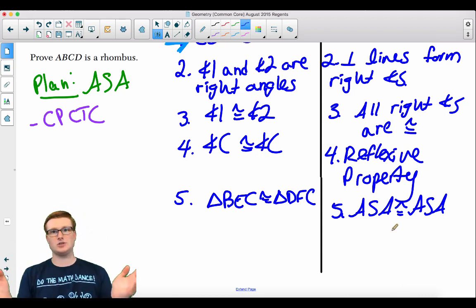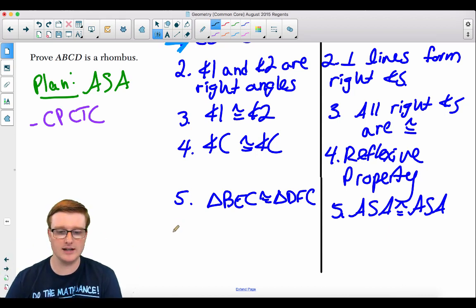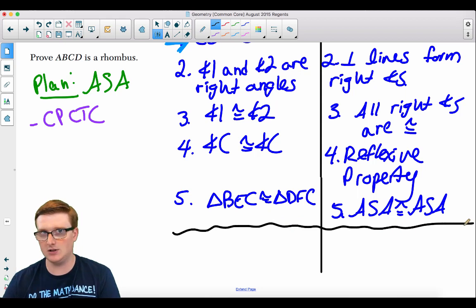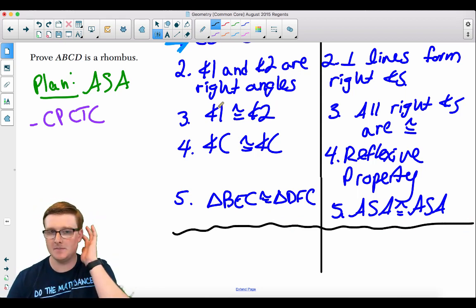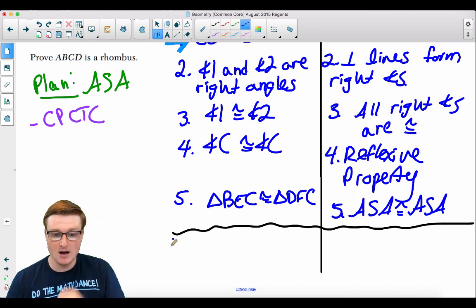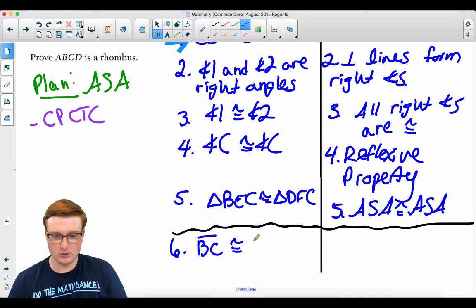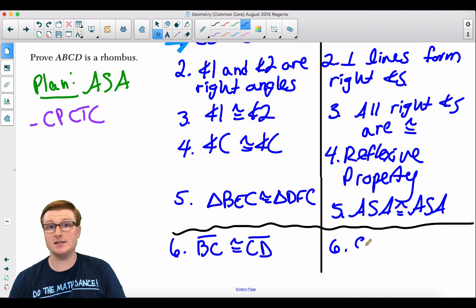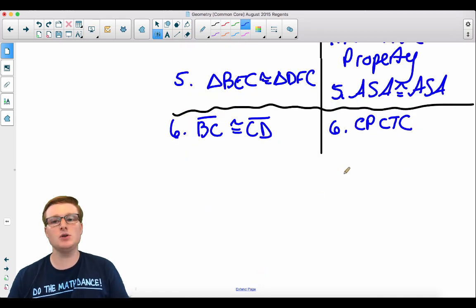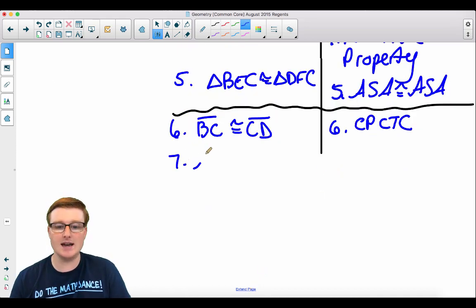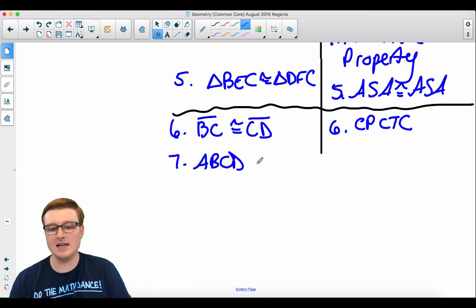Now we're done proving the triangles congruent. So what I like to do is draw a nice squiggly line down here. You don't have to do this, but it just separates one from the other. Now we could say that BC is congruent to CD. Your reason is CPCTC, corresponding parts of congruent triangles are congruent. Once you prove that by CPCTC, we can now officially say that ABCD is a rhombus.